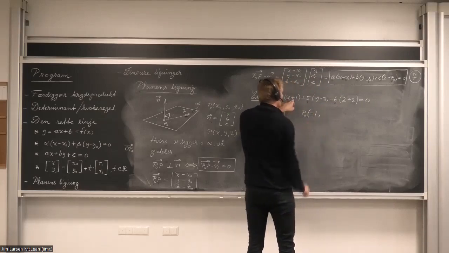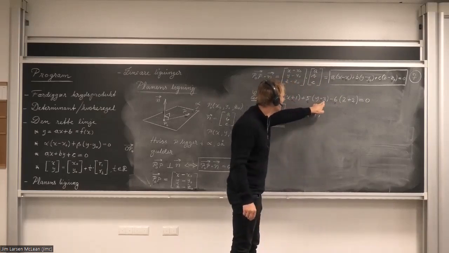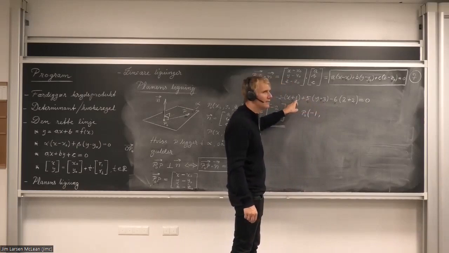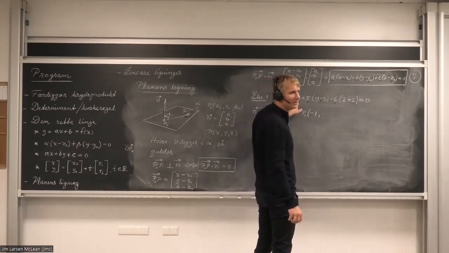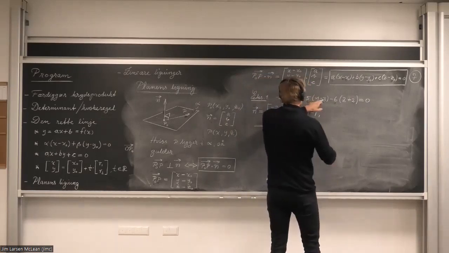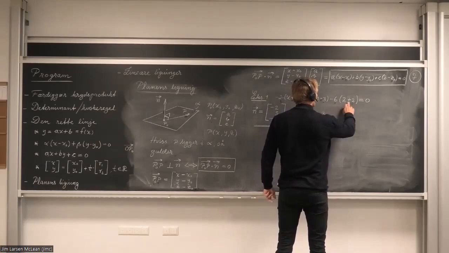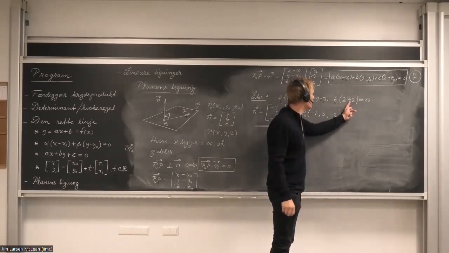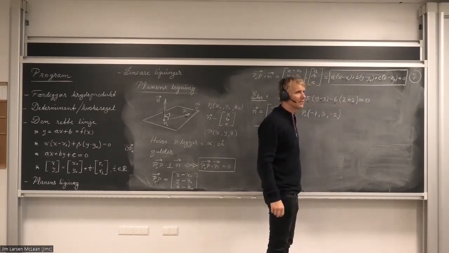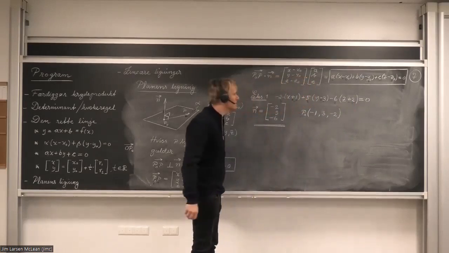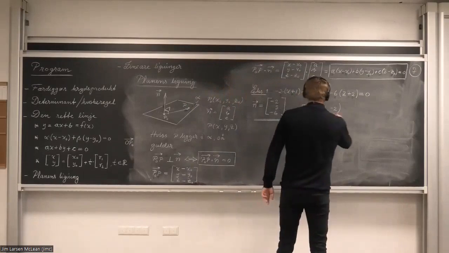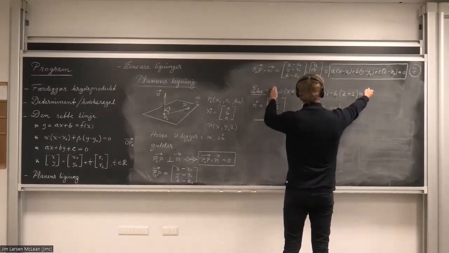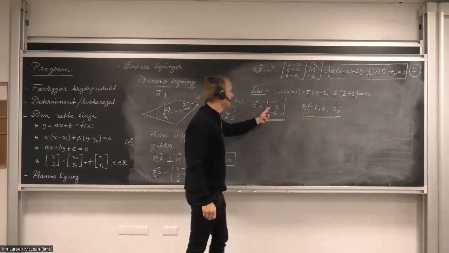So remember, if you see a minus, you're happy. If you see a plus, you're almost just as happy. You just need to remember to write the sign. So minus 1, 3, and here minus 2. So what we're dealing with up here is the equation of a plane, specifically the plane that goes through that point and is perpendicular to that vector.